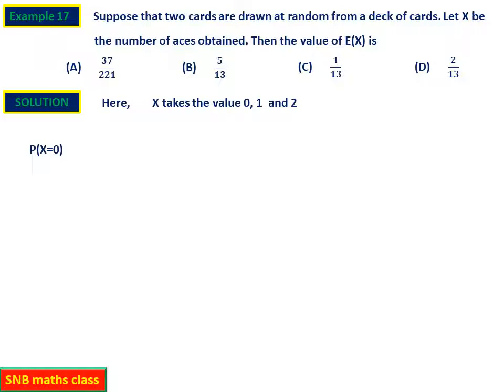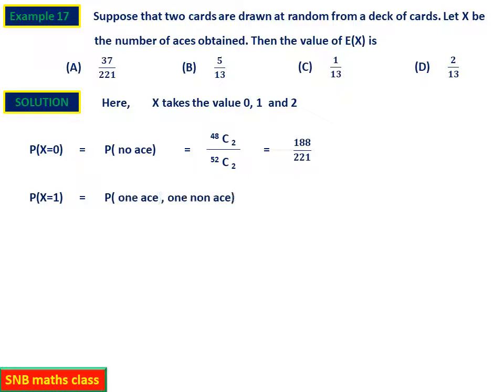Now we have to calculate the corresponding probabilities. This is very important. Probability x equal to 0 means no ace at all. So 48C2, because out of 52 cards, 48 are non-aces. 48C2 is the number of ways of selecting the two cards, divided by the total number of selections of two cards from the entire deck, 52C2. Simplify and you get 188 by 221.